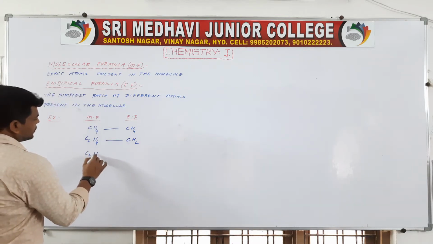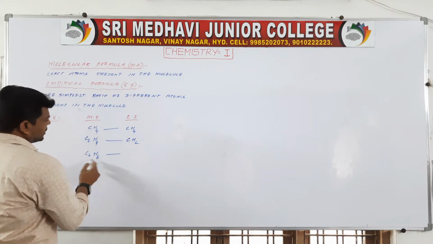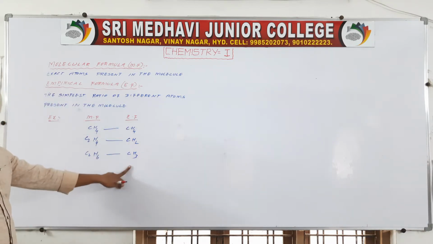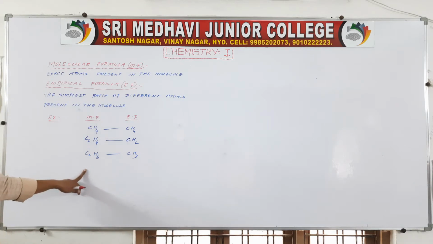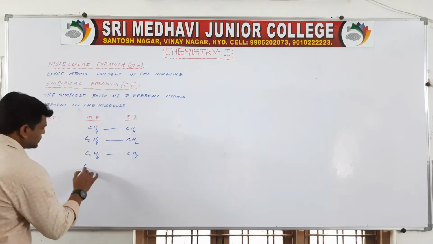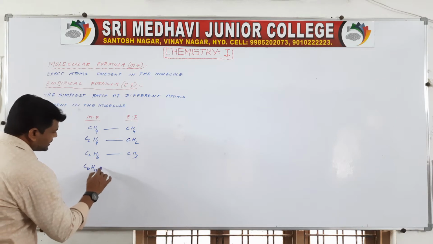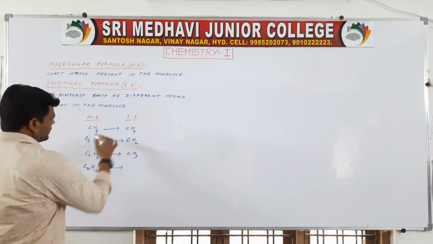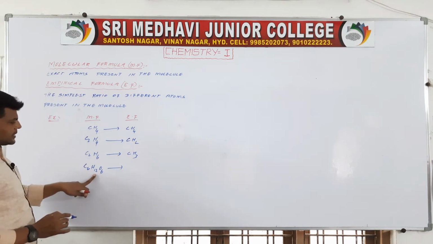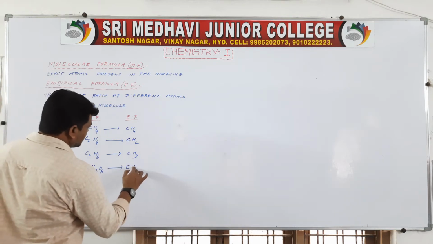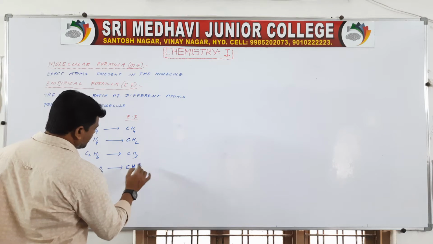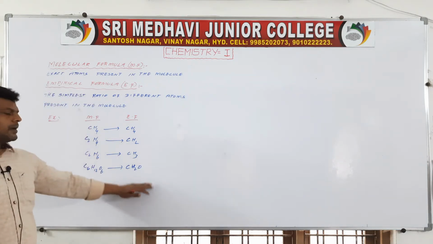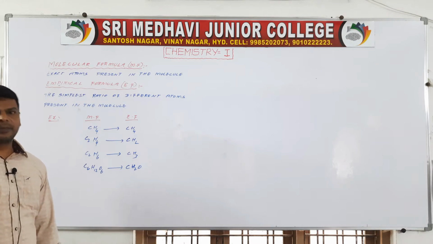Okay, C2H6, 2 ones are 2, threes are 2, CH3. It is the simplest ratio, while the molecular formula gives exact atoms. So C6H12O6: 6 ones are 6, twos are 6, ones are 6, CH2O is the empirical formula, and C6H12O6 is the molecular formula.